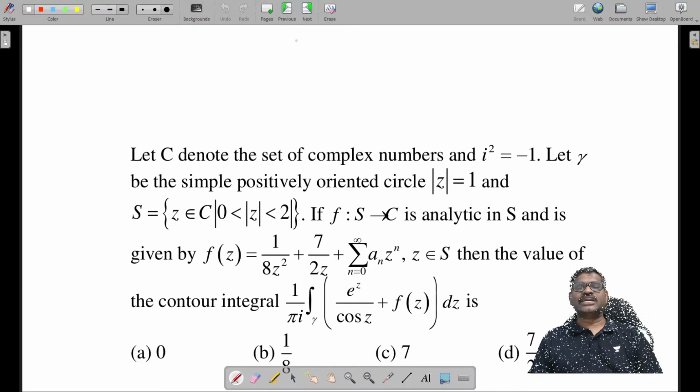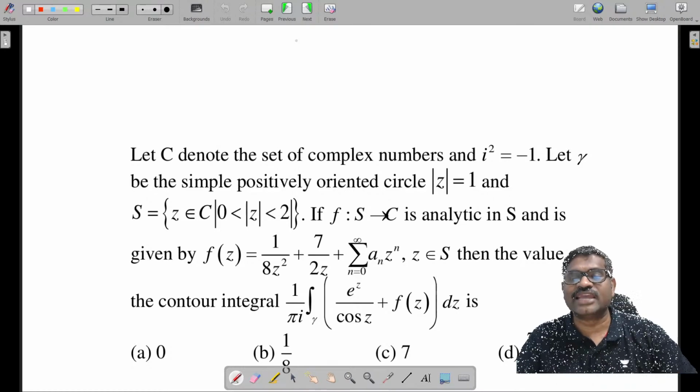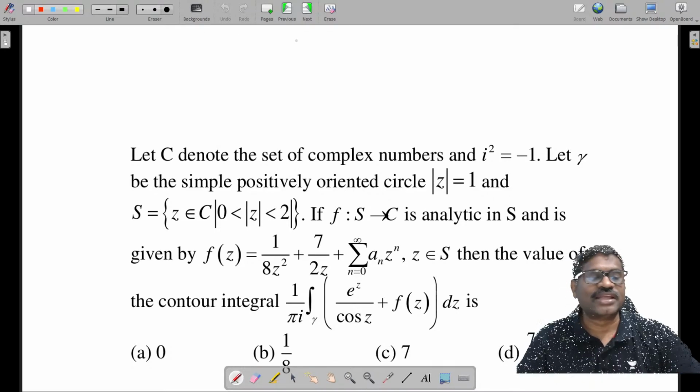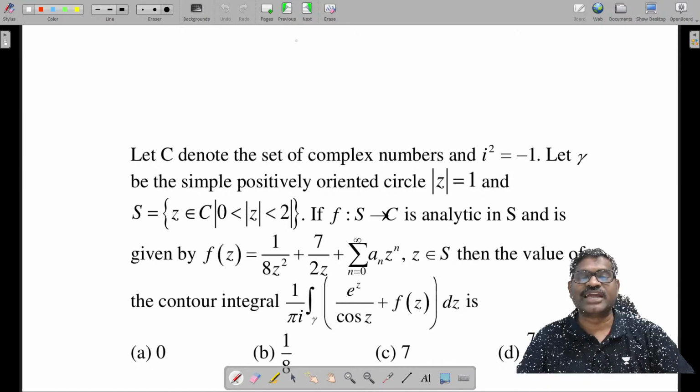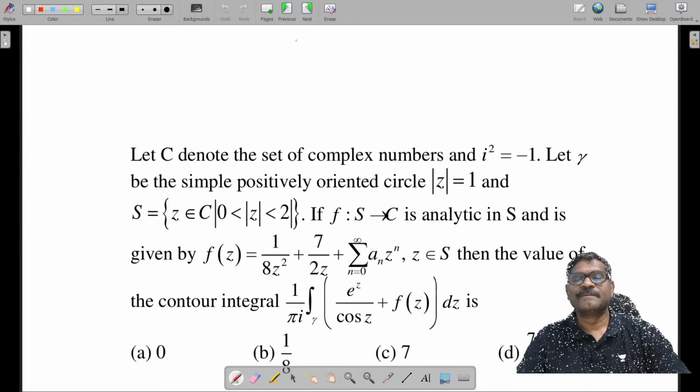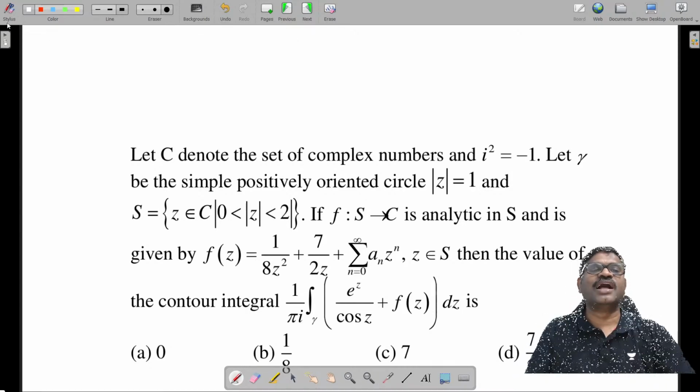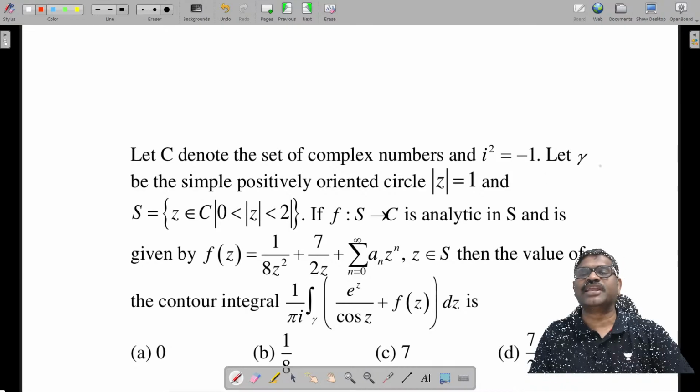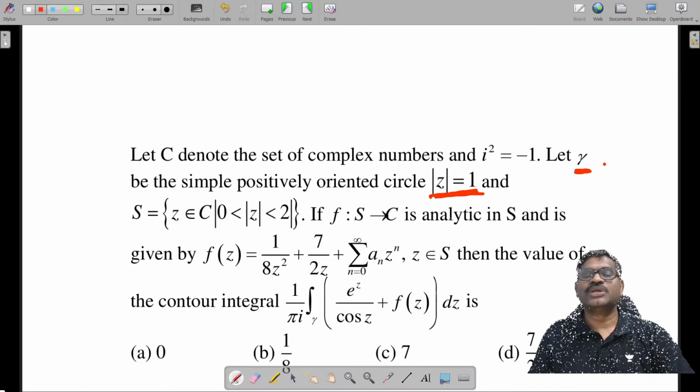1 by 8 z square plus 7 by 2 z plus sigma n equal to 0 to infinity a n into z power n, then find the value of the contour integral 1 by pi i integral gamma. Gamma is a unit circle. Do one thing.